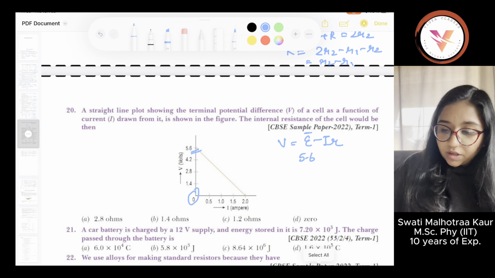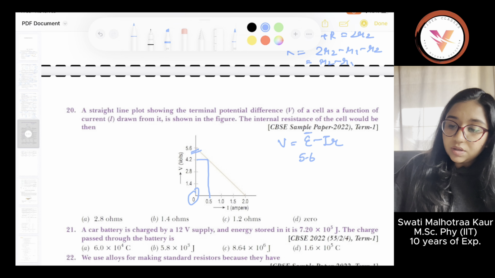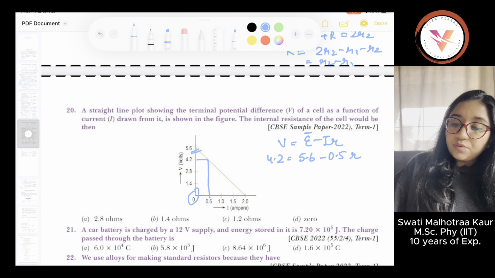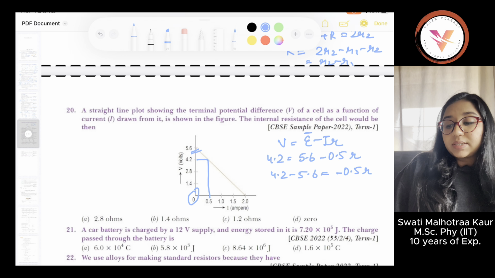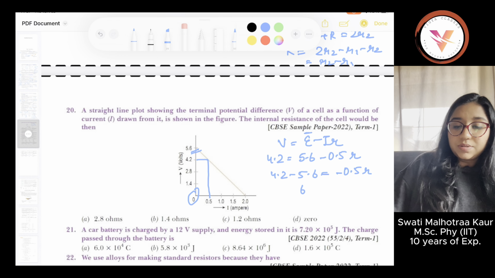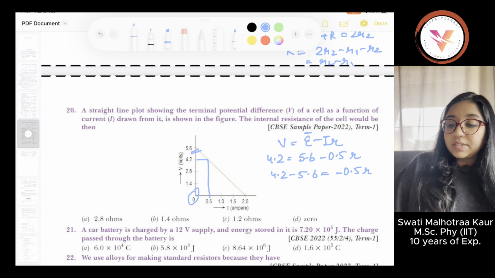So if V is 4.2, then the value of current is 0.5. So 4.2 is equal to 5.6 minus 0.5 times R. Then 4.2 minus 5.6 is equal to minus 0.5 R. Okay, sorry, 6 minus 2 is 4.